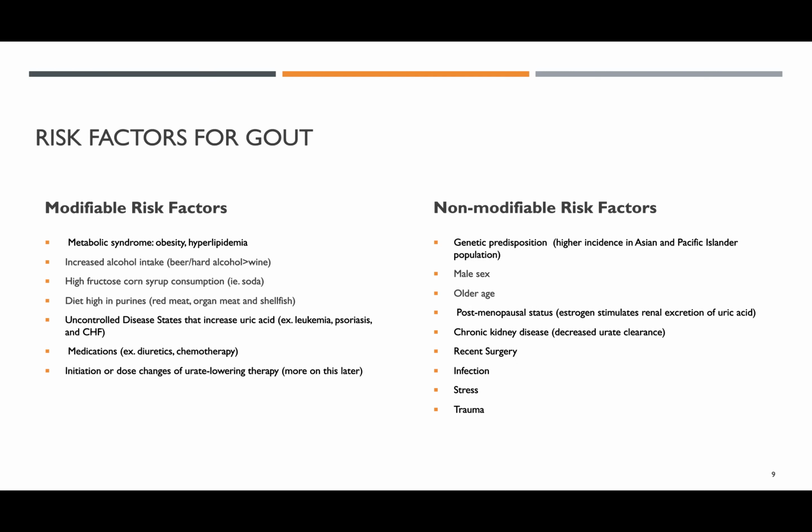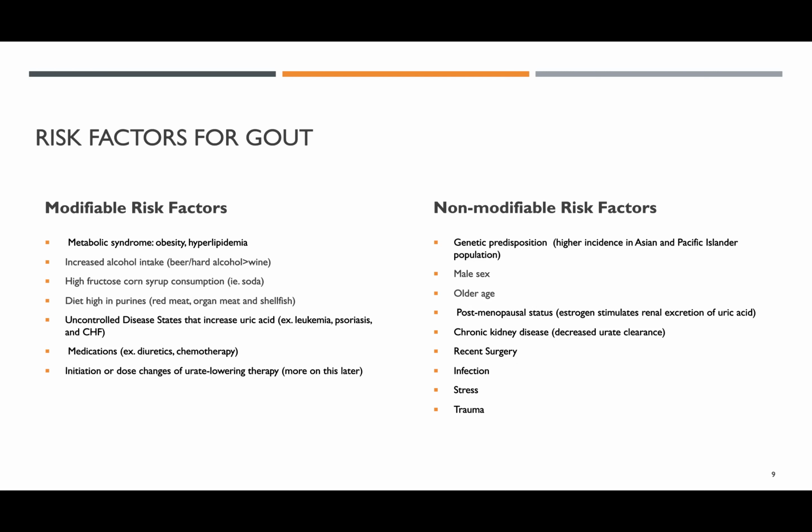Then we go into our more non-modifiable risk factors. Some people are genetically predisposed to having more gout flares, usually higher incidence in Asian Pacific Islander populations, males, older age, postmenopausal people. Estrogen stimulates renal excretion of uric acid. It's uricosuric, as we say.